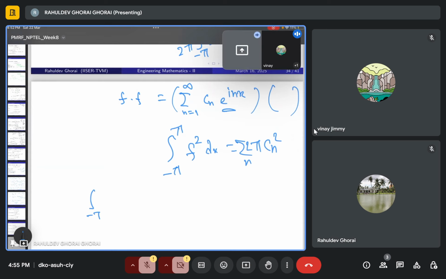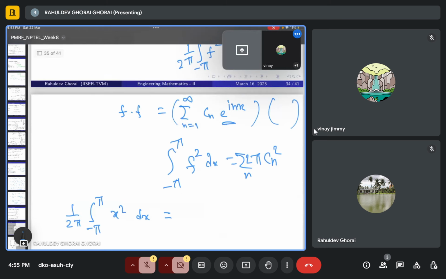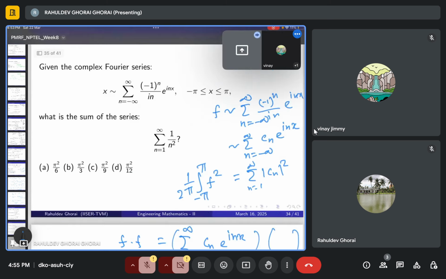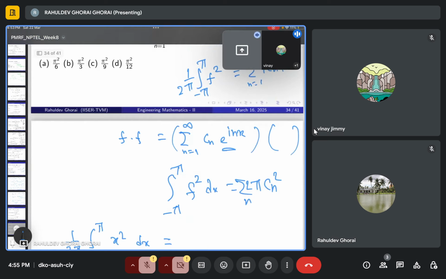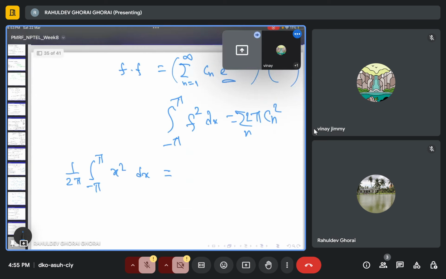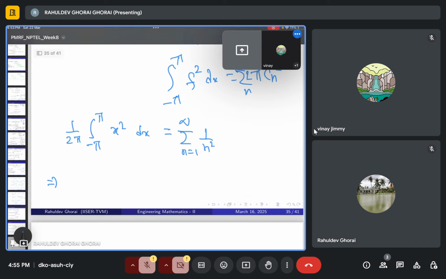So now, minus pi to pi, f square means here x square, 1 over 2 pi also is there, dx is equal to... what is your c n? c n is minus 1 whole to the power n over n. So modulus of c n square will be 1 by n square, summation n equal to 1 to infinity.